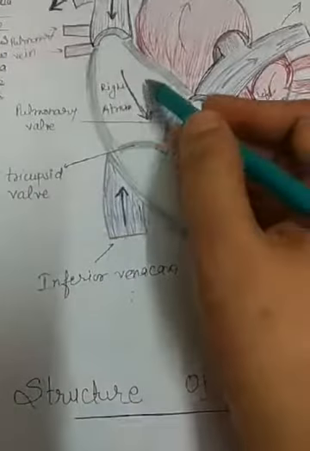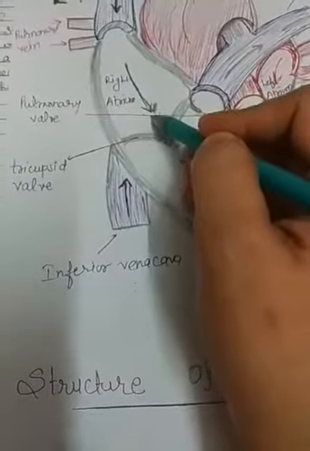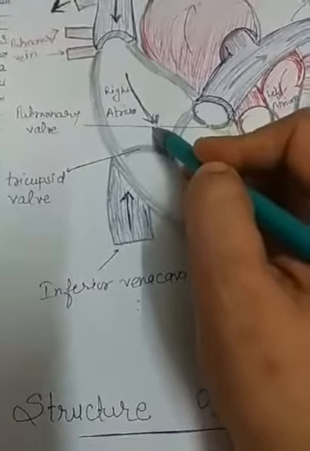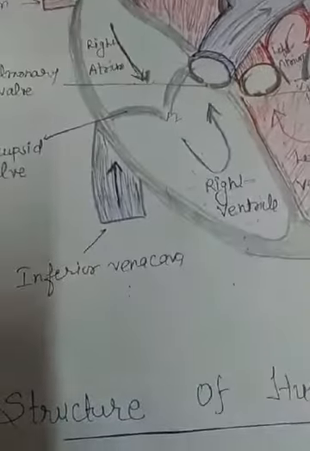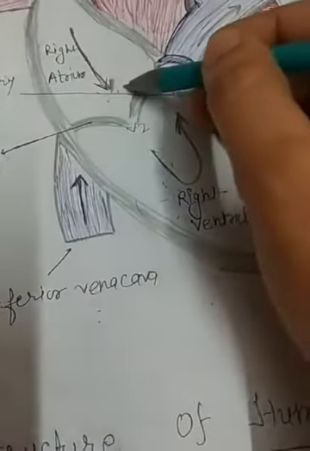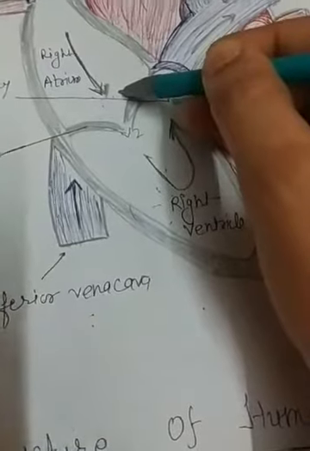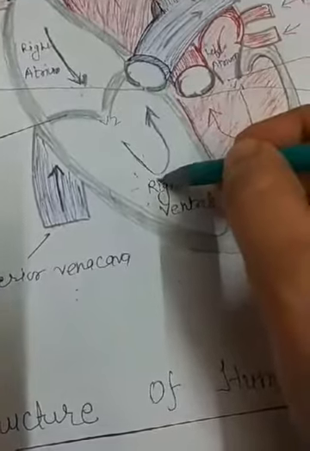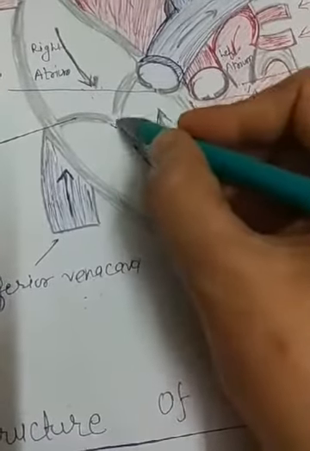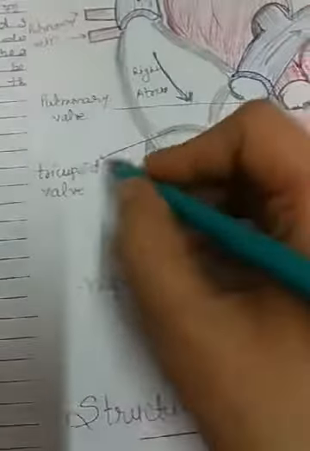When blood enters the right atrium, the right atrium of the heart contracts and the deoxygenated blood is pushed into the right ventricle through the valve, the tricuspid valve.